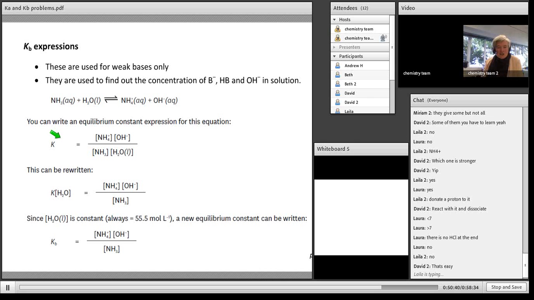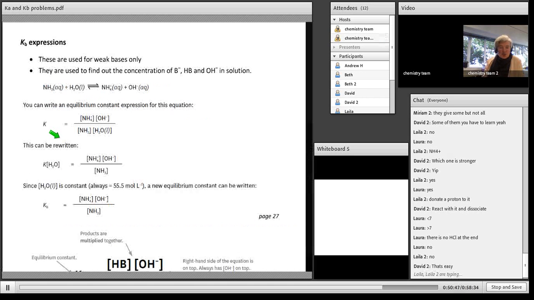If you go to the Kb now, it's identical, except of course we're using it for a base expression. So again, we're using it for weak bases only, using those same things of B standing for a base that's combined with an H to form an HB.